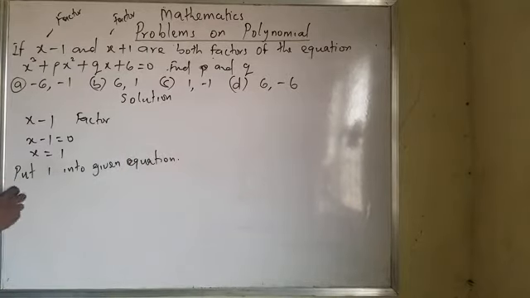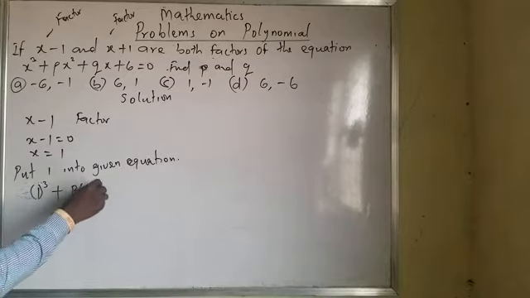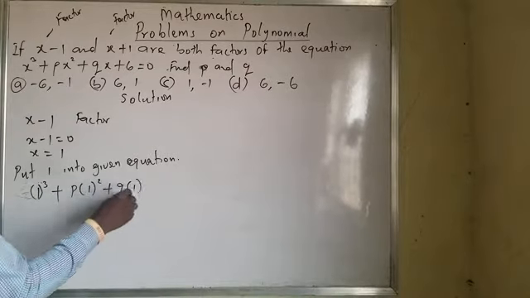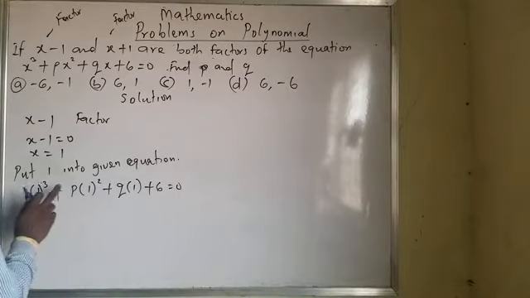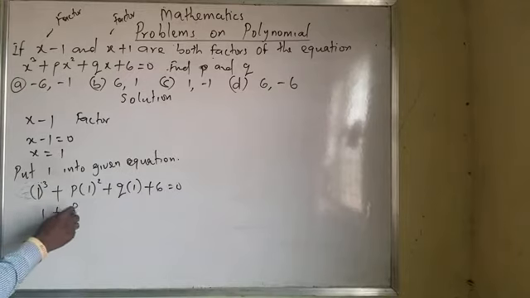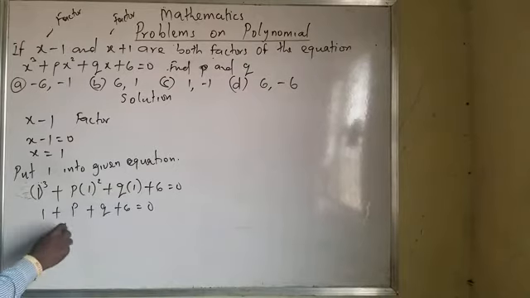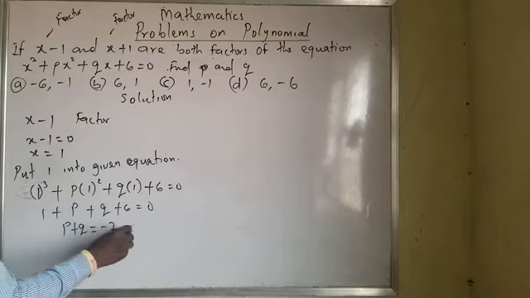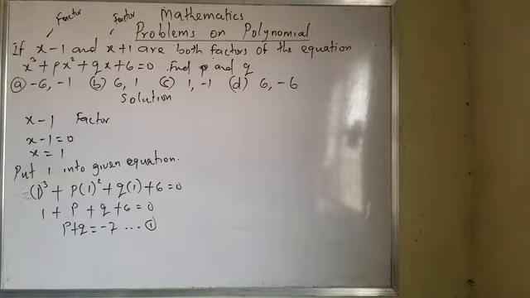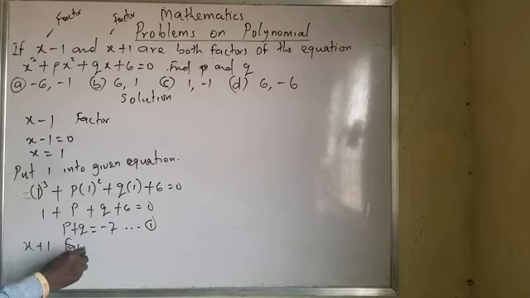Now, what is the given equation? x cubed, which is now what? 1 cubed plus p bracket of 1 squared plus q bracket of 1 plus 6 equals 0, which I'll be having 1 plus p plus q plus 6 equals 0. p plus q equals minus 7, equation 1. Now, that is what you need to do. The next thing is, the second factor, x plus 1, is a factor, equation 2.